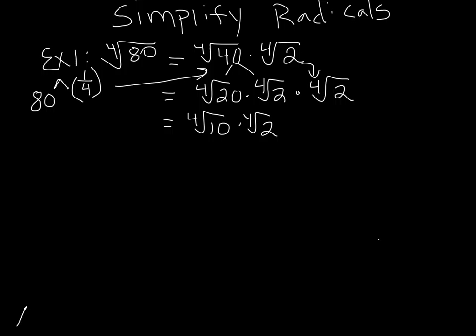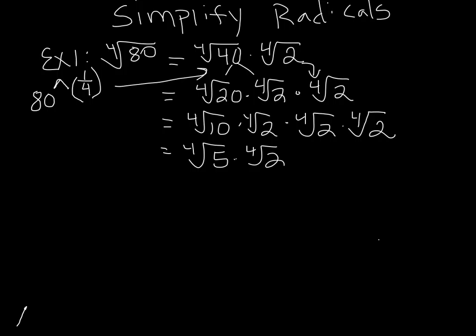And then carry down what you previously had, fourth root of 2 times the fourth root of 2. Okay. And breaking it down once more, so now I have the fourth root of 5 times the fourth root of 2. And then add in everything else.